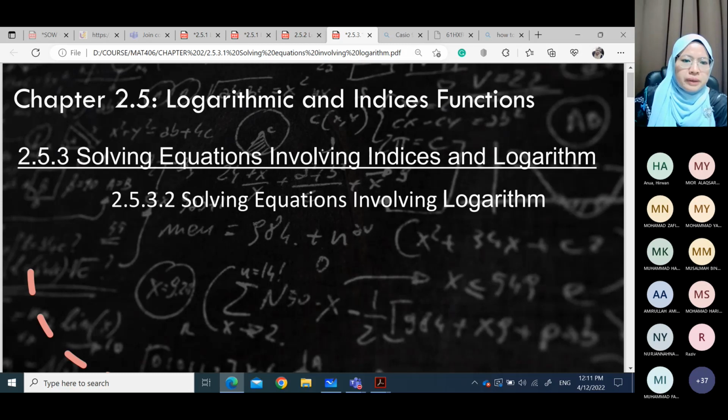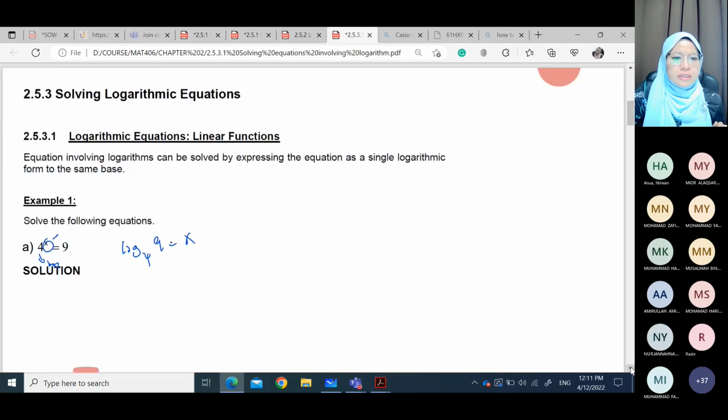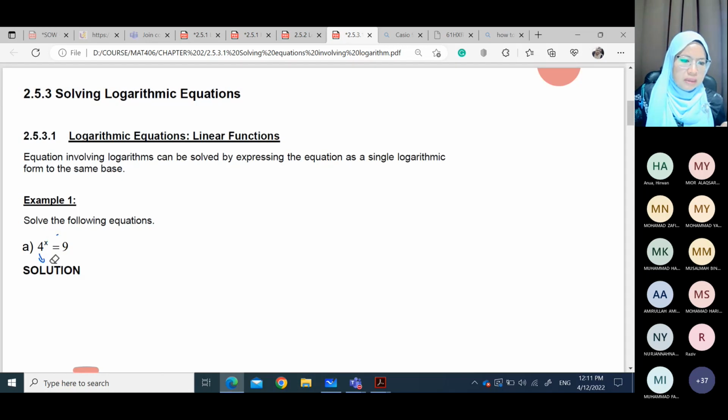Okay, so this is the last topic in logarithmic and index, which is solving equation involving indices and logarithm. Okay, so topik ini kita nak selesaikan yang melibatkan equation yang melibatkan logarithm. Okay, so kita tengok. Alright, so logarithmic equation, kita ada linear function dan juga ada quadratic function. So linear function yang melibatkan x kuasa 1 lah.